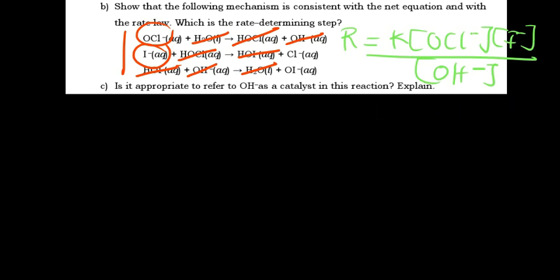Now there's another segment of the question that we need to focus on, which is determining which one is the rate determining step. So let's be careful. If we observe again our rate law, we can see that we have OCl negative, iodide negative, hydroxide negative.